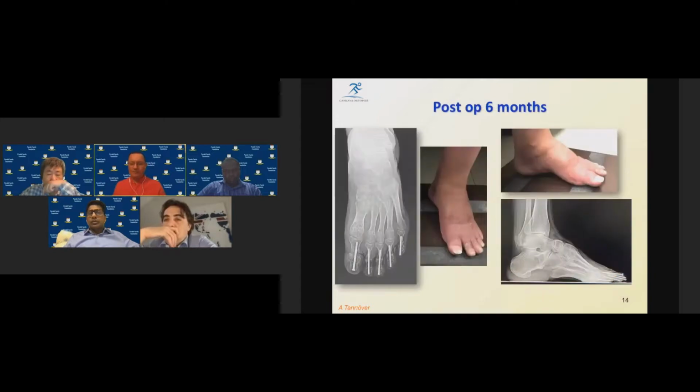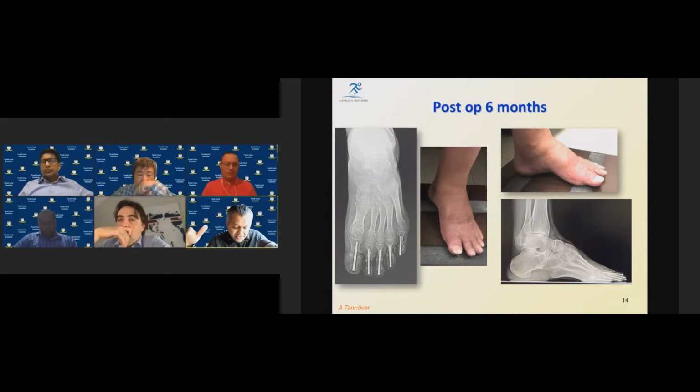Okay. So for the lesser metatarsal, do you just do a closing wedge osteotomy, or do you do any rotational correction through the midfoot? Oh, I didn't do any osteotomies. No, not for this one, but in general, they're asking. Generally, if it's not flexible, I do closing wedge osteotomies, always. As the whole panel agrees?